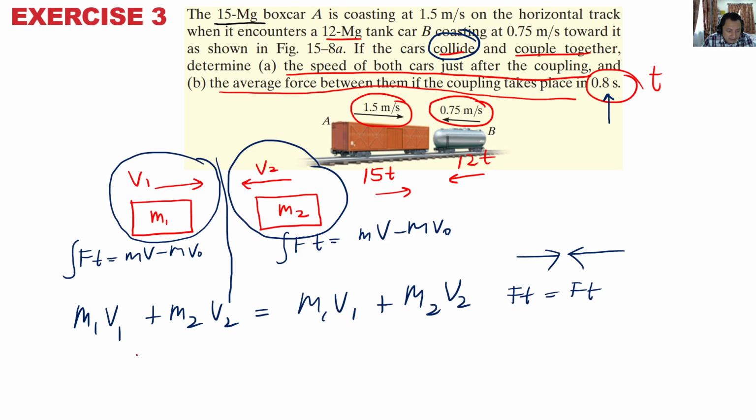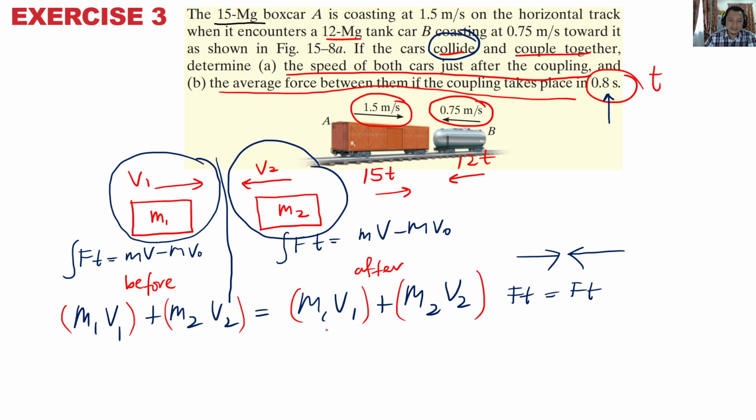So this is before, this is after. So the momentum is conserved.